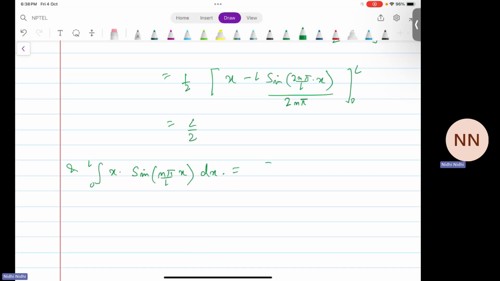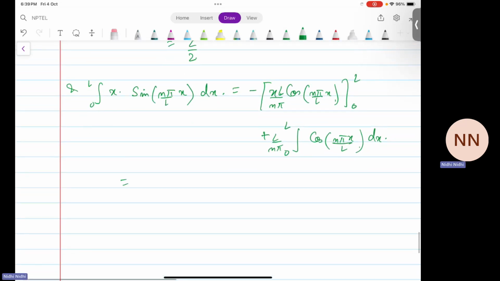This is equal to x as it is, times the integration of sine, which is minus cos n pi by l x by n pi by l, from 0 to l, minus the integration from 0 to l. The derivative of x is 1 and the integration of sine is minus cos. So this is cos n pi x by l by n pi dx.